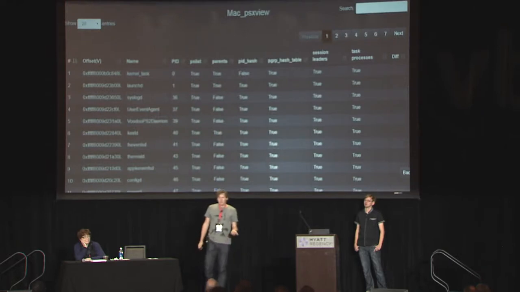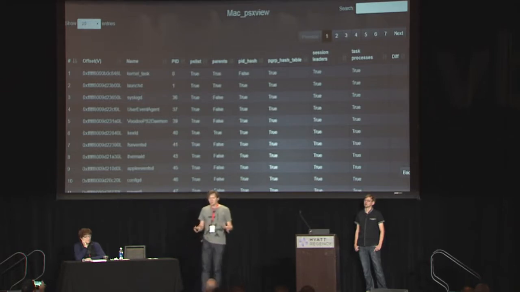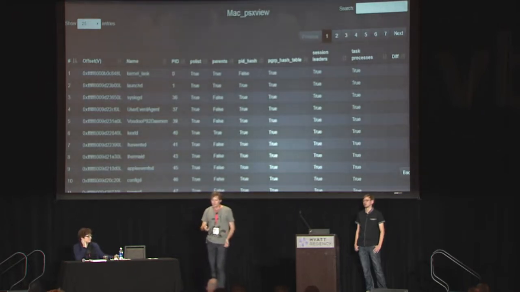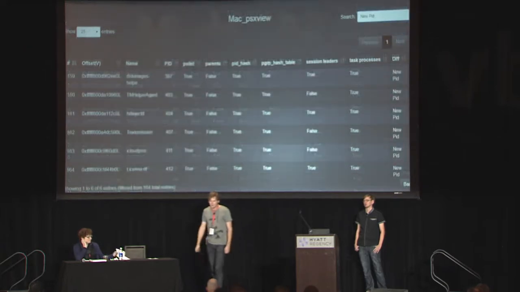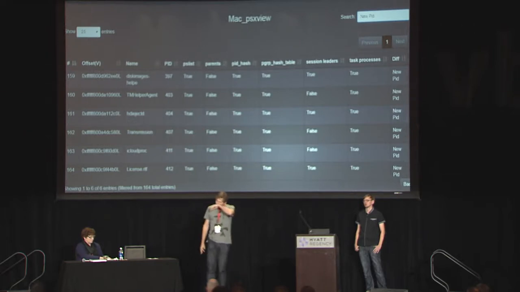Okay, another view, Mac pslist. Now you can see in the right upper part a search text box. If you start typing here, rows are filtered based on the content in the window. So if you start typing new pid, then just the processes that were created in the infected image are displayed.